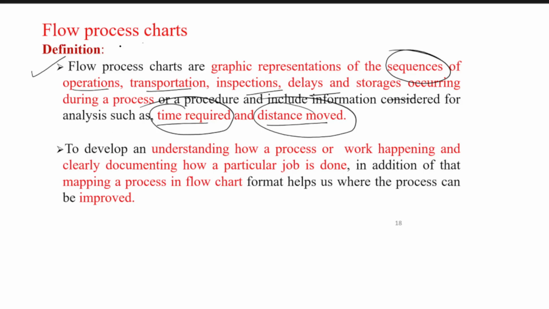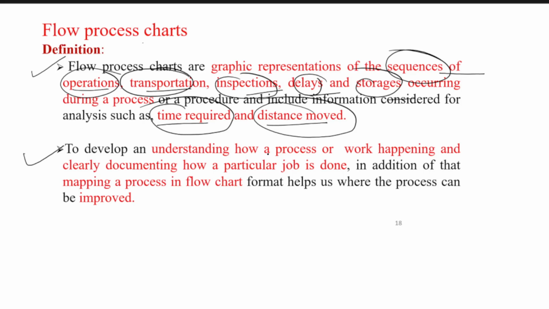And the graphic representation of sequences of operation, transportation, inspection, delay, and storage. Previously, only two things were taken into consideration, that is operation and inspection. Now here, all the things are taken into consideration. Why is it used?